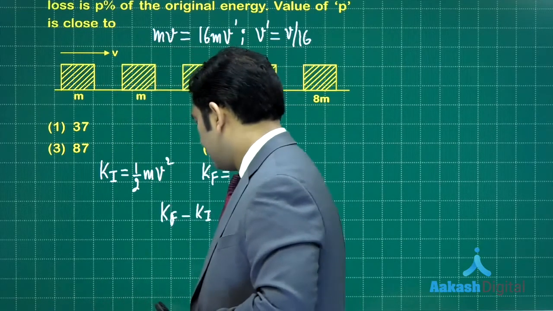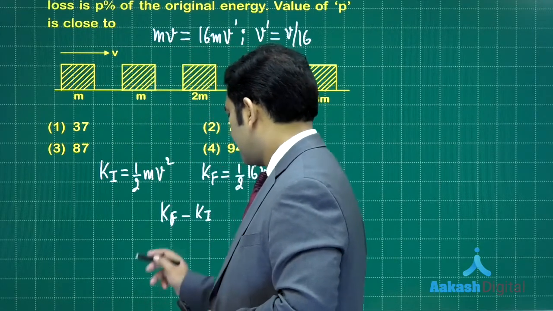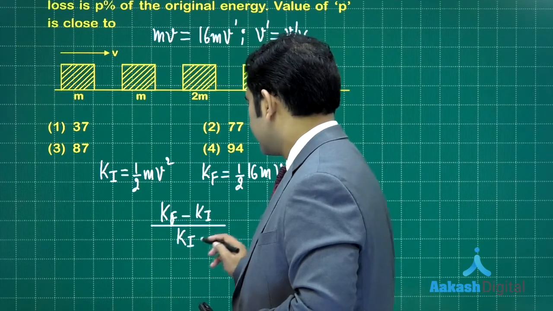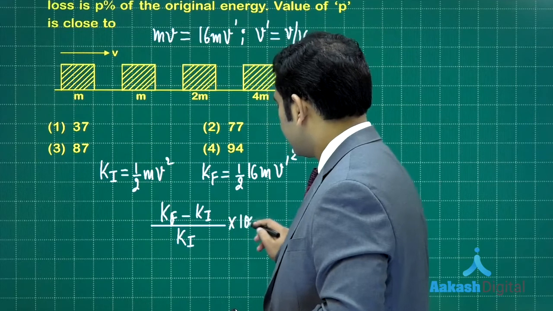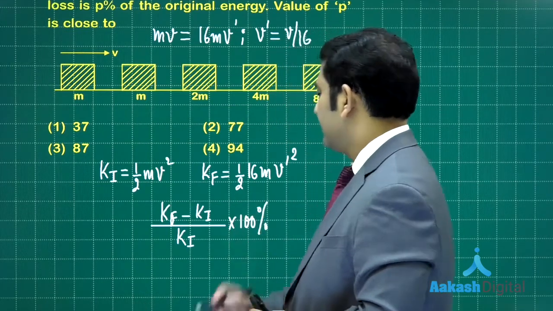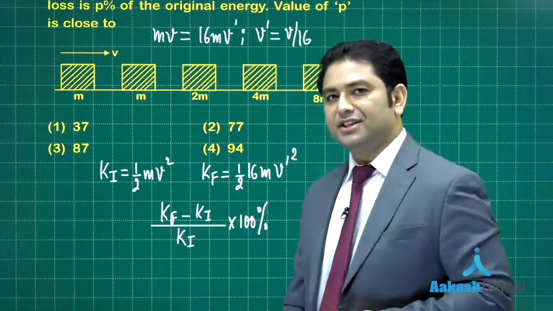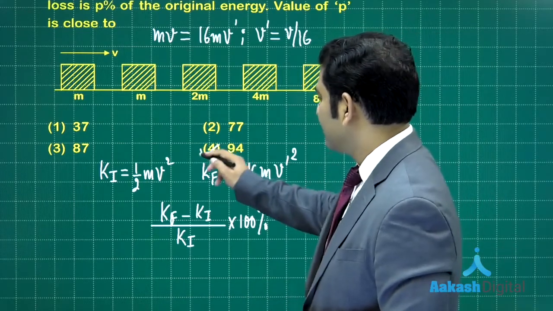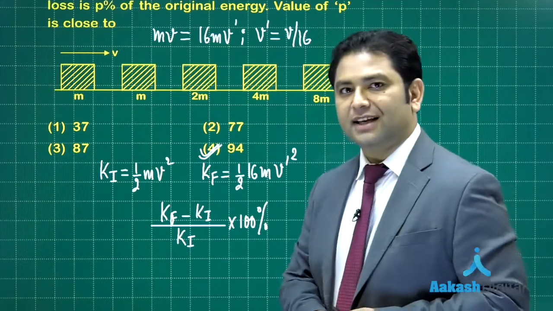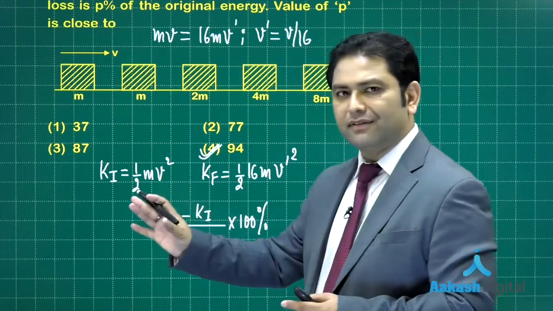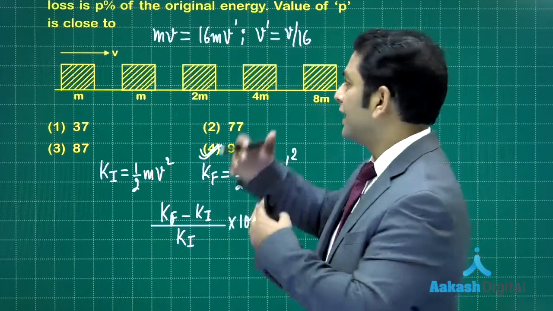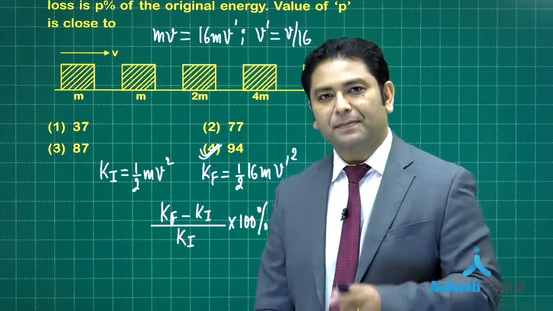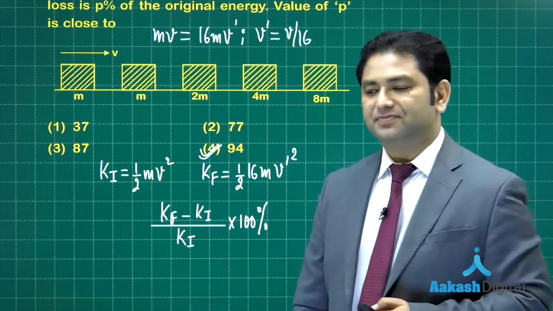That would be the loss in kinetic energy, divided by the initial kinetic energy. And yes, don't forget to multiply by 100. So that will be the percentage loss in kinetic energy. You calculate that, you would get 94% as the loss in kinetic energy. This would come out negative, that's a loss, but since it has asked what is the loss, we'll go with 94%. Let's go for the next.